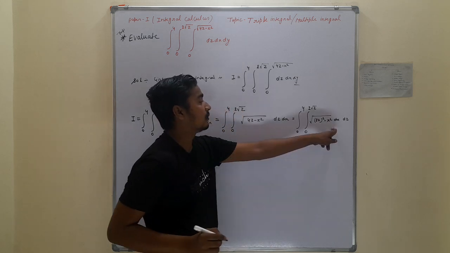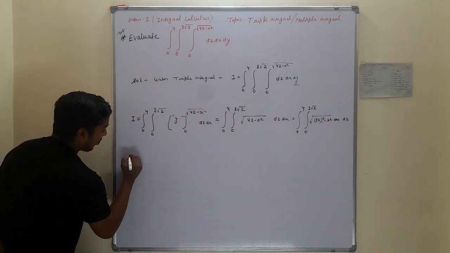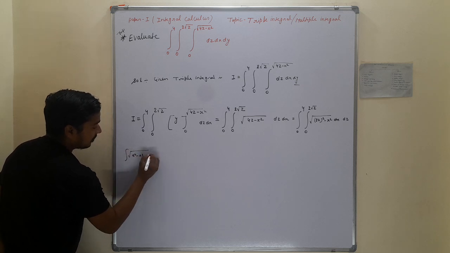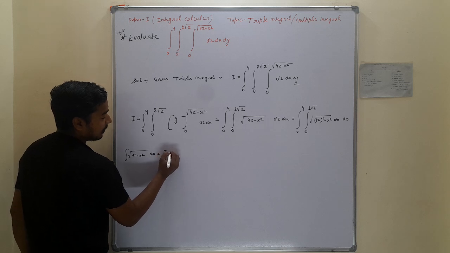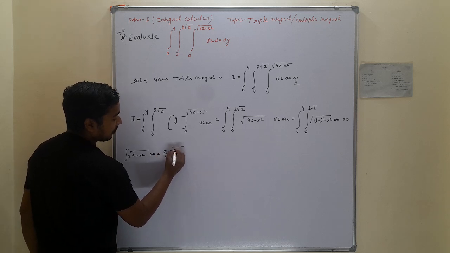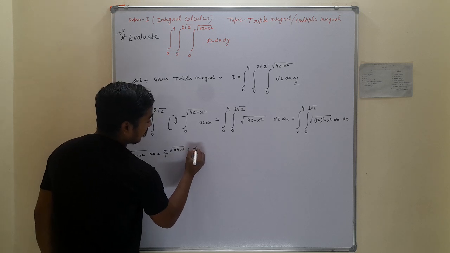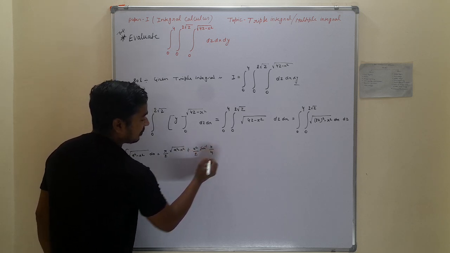We have to integrate with respect to x, using the formula: integral of under root of a square minus x square dx is equal to x by 2 under root of a square minus x square plus a square by 2 sine inverse of x by a.